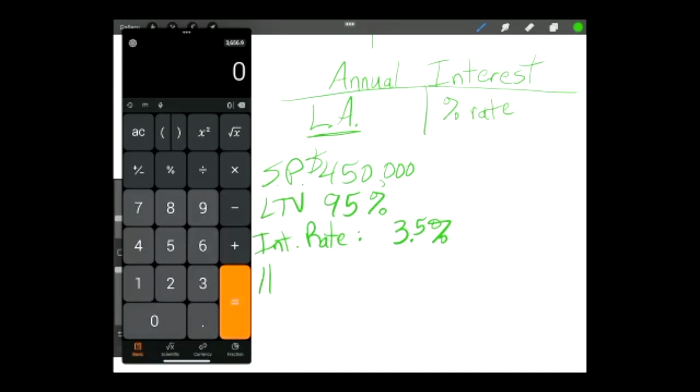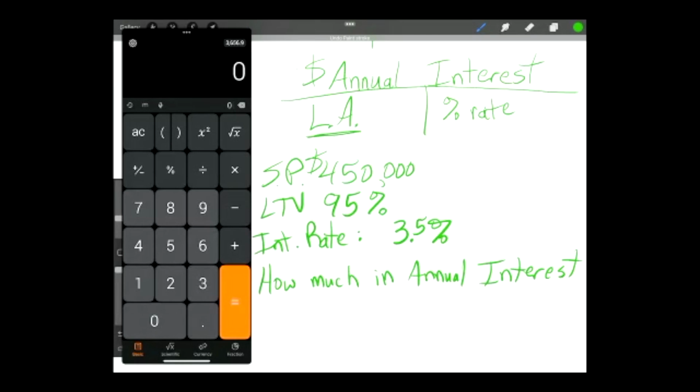How much is the annual interest paid in dollars? I got 14,962.